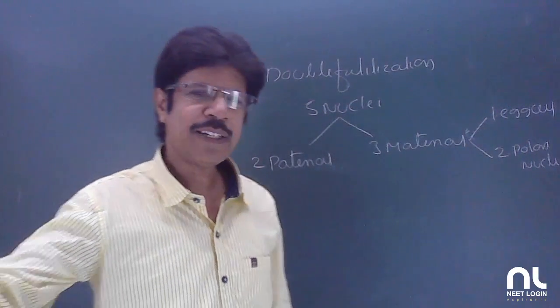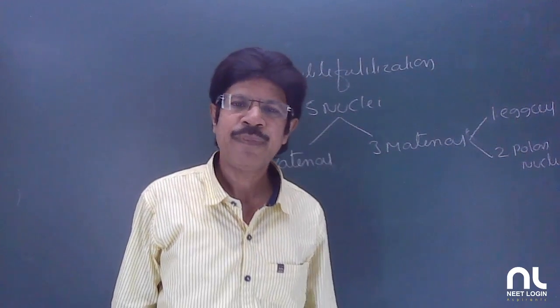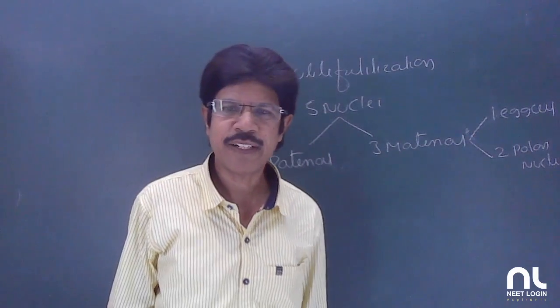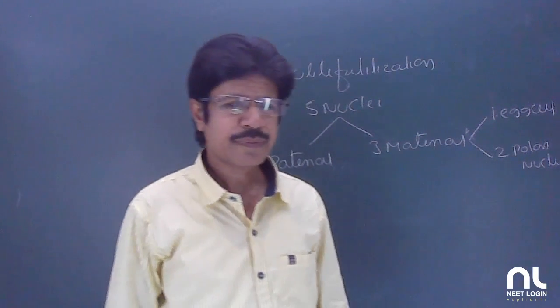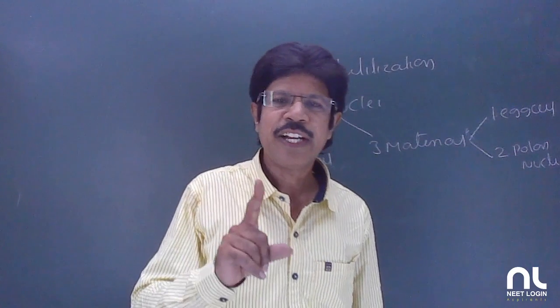The type of life cycle here is diplontic life cycle, because the sporophyte is elaborate and the gametophyte is few-celled and dependent on the sporophyte. That's why it is diplontic life cycle. So in angiosperm and gymnosperm, the type of life cycle is diplontic.